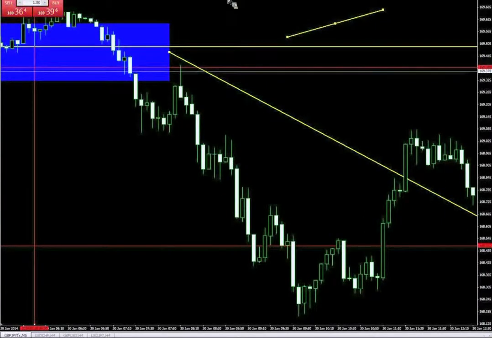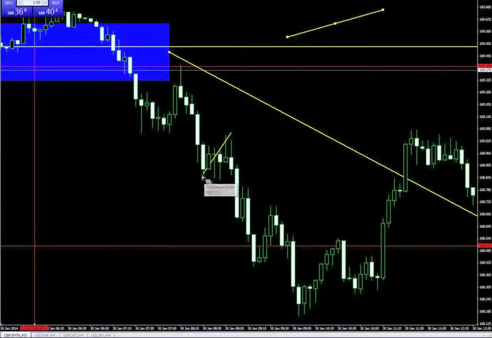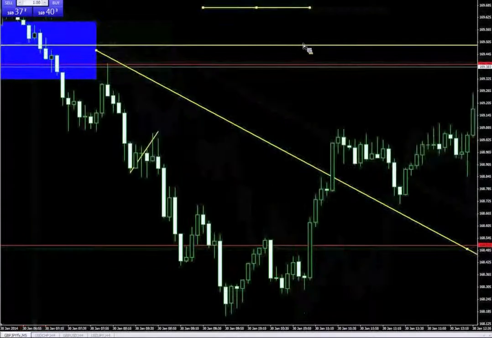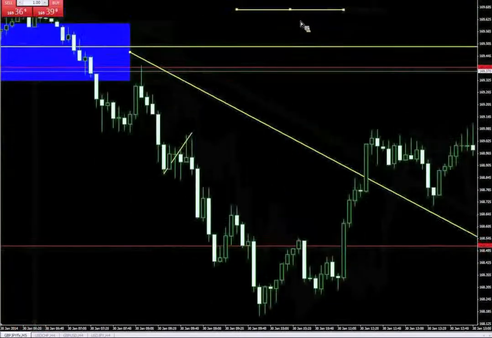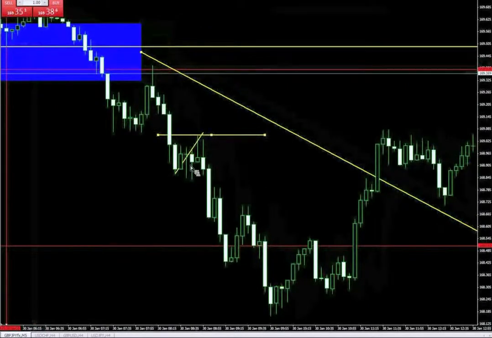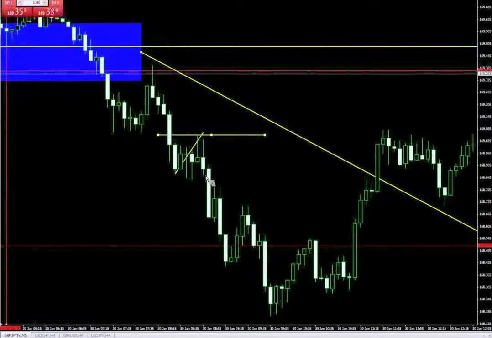After this pullback, when price trades below this low, you can bring your stop loss from here down to here. Because once we trade below this low on this candle, price is most of the time not coming back here.